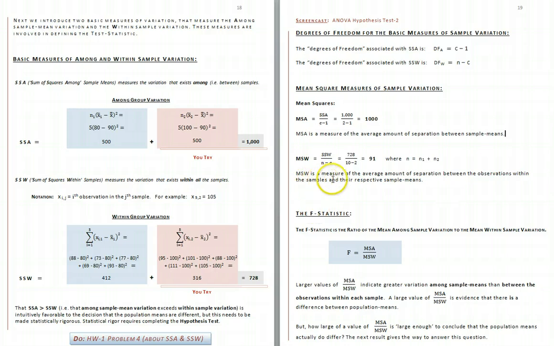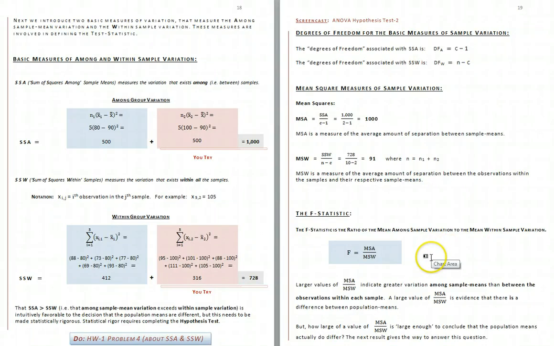MSW is a measure of the mean or average amount of separation between the observations within each of the samples and their respective sample means. Again, and more accurately, MSA relatively large compared to MSW is evidence in favor of H1.